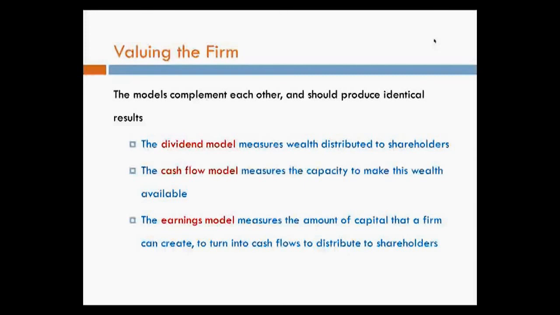Well, dividends are easy to get to, but it has its challenge of being at management's discretion. But the easiest to get to from an accounting perspective, and in fact, if you look at the markets, they're constantly talking about earnings. Earnings are used. It's real. So those are the 3 models for valuing a firm.